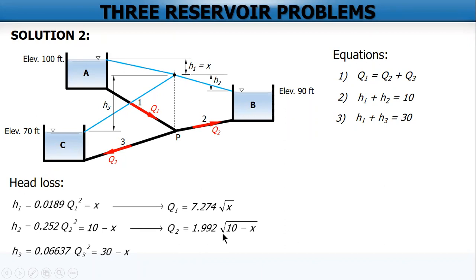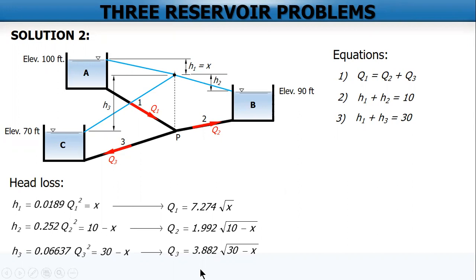Kana. Ang 1.992 mo siya ang square root sa 1 over 0.252. And for 3, Q3, 1 over 0.06637 and then get the square root. Mo ni siya, 3.882.